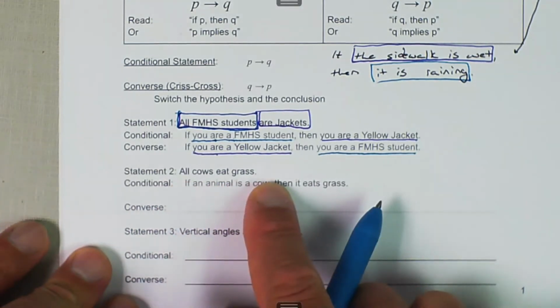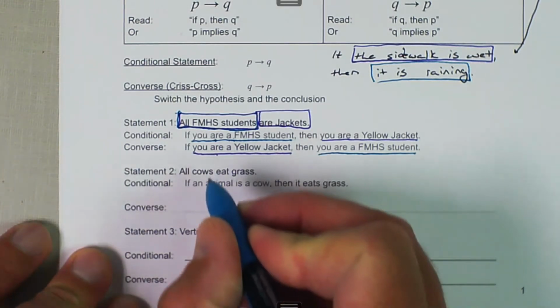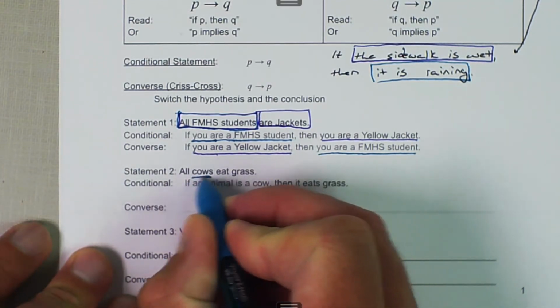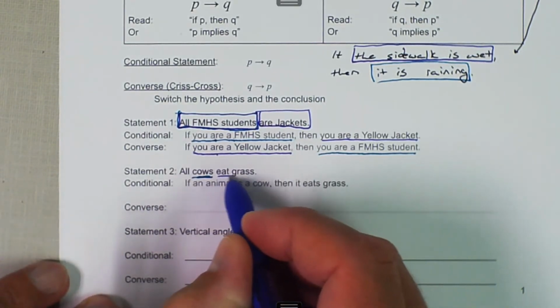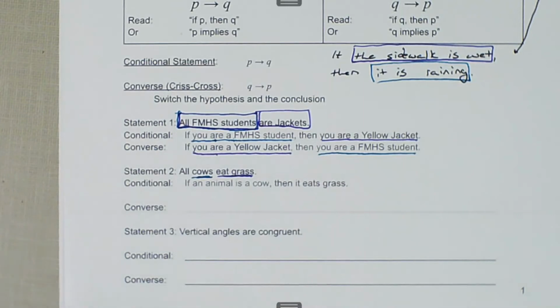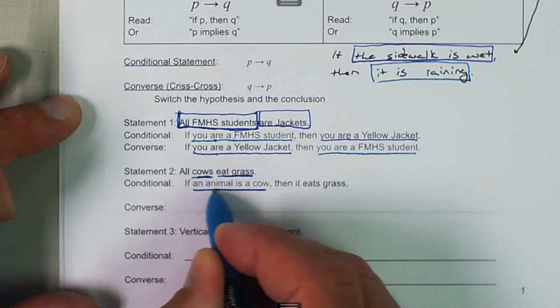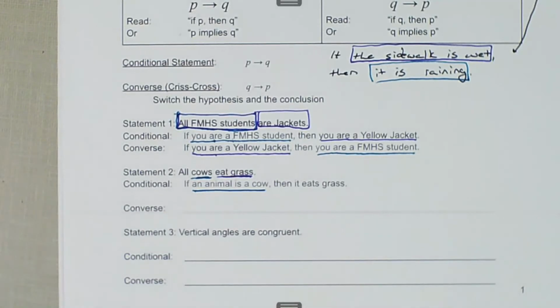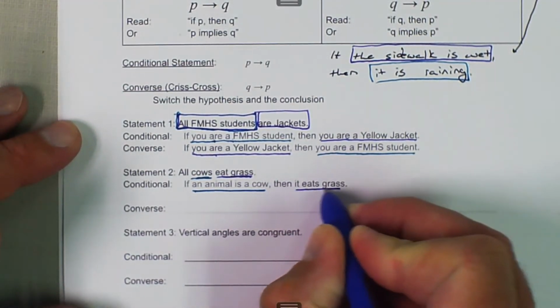Next statement, all cows eat grass. So we got cows, and then we got eat grass. So originally, the conditional statement says, if an animal is a cow, or if you are a cow, in this case we're talking about animals, if an animal is a cow, then it eats grass.